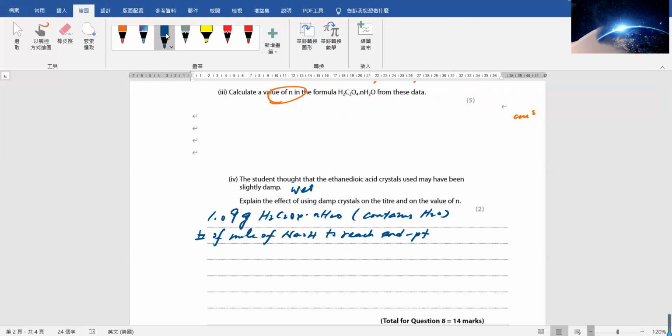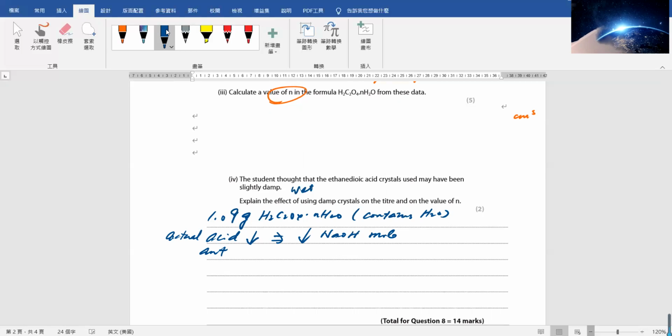Oh my word, you need less sodium hydroxide. Sorry. Let me do it again. So it contains some water, which means the actual acid amount decreases, right? So the number of mole of sodium hydroxide to reach the endpoint will be lower.